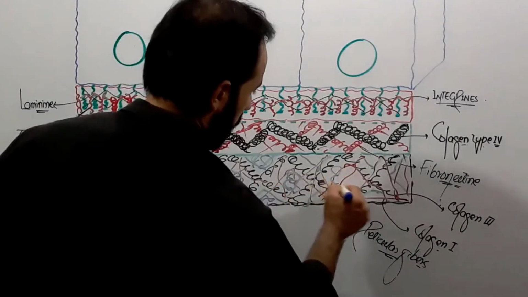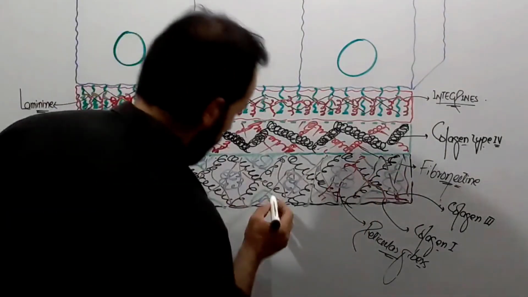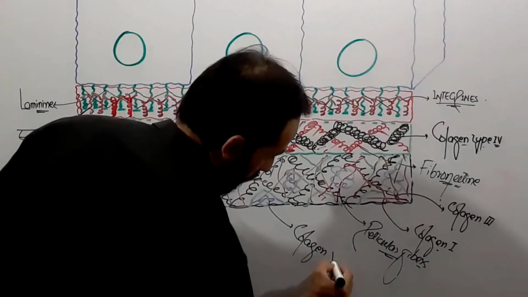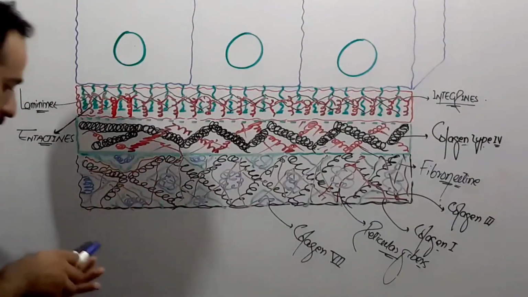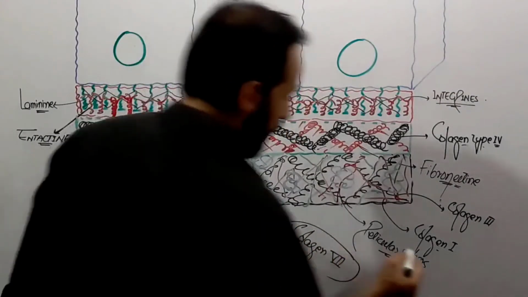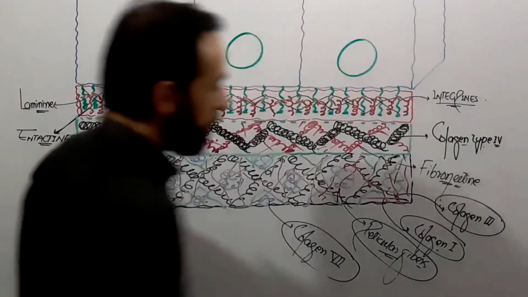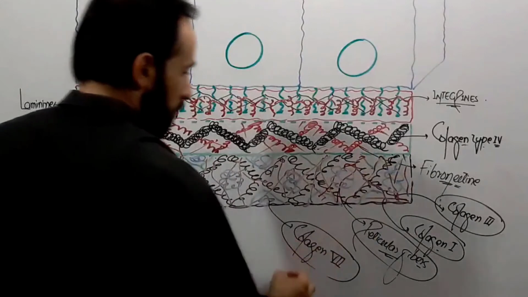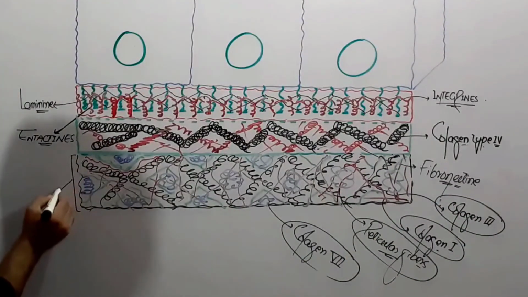So in the lamina reticularis, what is its composition? There is collagen type 7, there are reticular fibers, there are collagen type 1 and collagen type 3. So these protein fibers make this lamina reticularis.